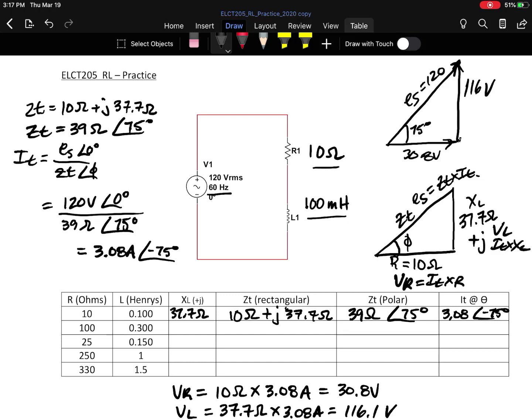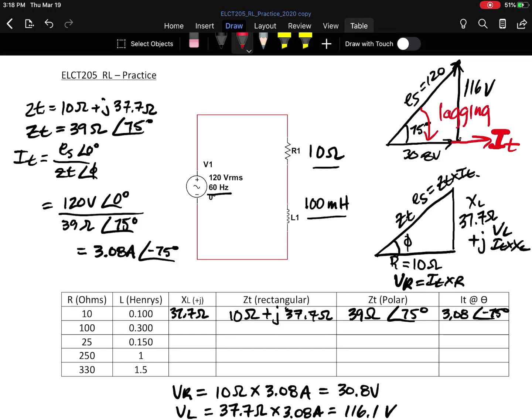Well, it lagged the applied voltage, and you may say, well, that doesn't look like it's lagging in the voltage triangle. But notice how in the voltage triangle, it's not our applied voltage that's the reference, it's the VR value. So if we were to simply look at the current, which we know is going to be in phase with VR, being right here at I total, notice how we have a relationship that's lagging current from the applied voltage if we use the total voltage as the reference.